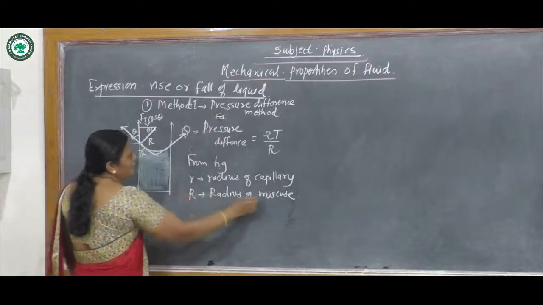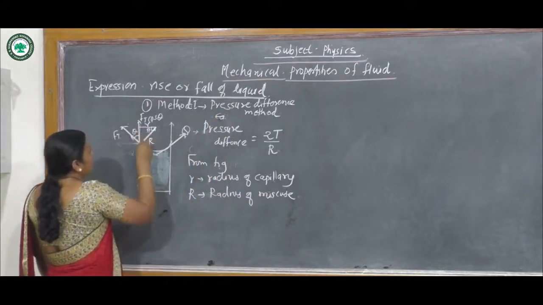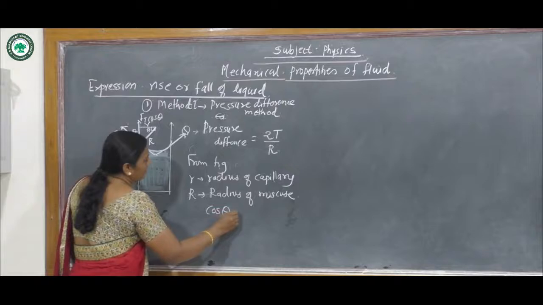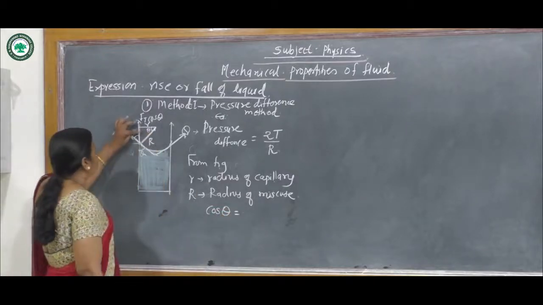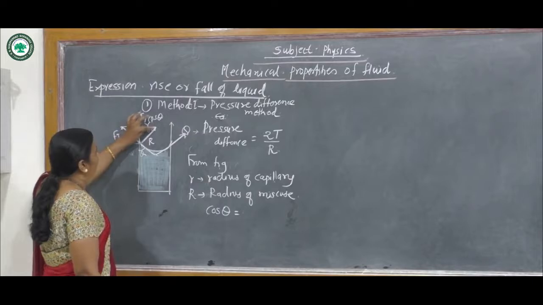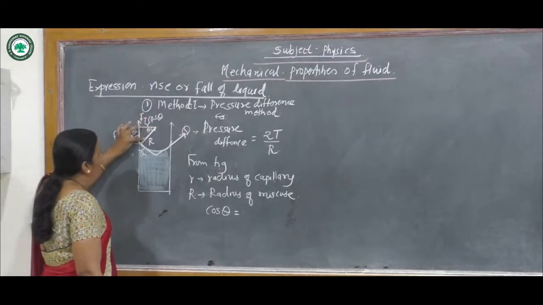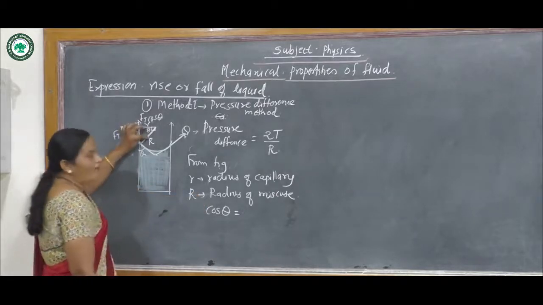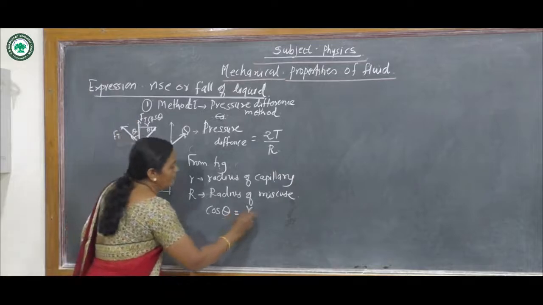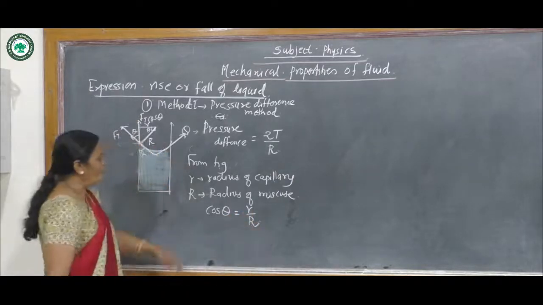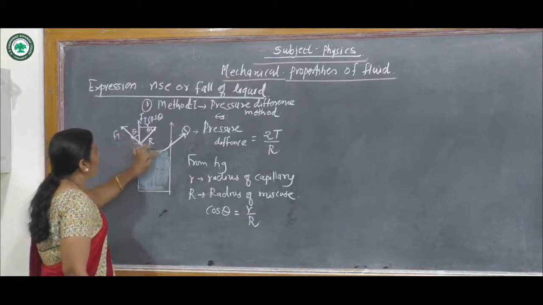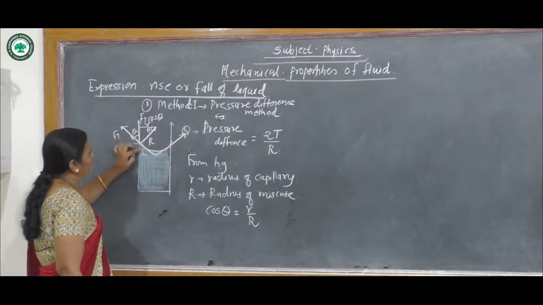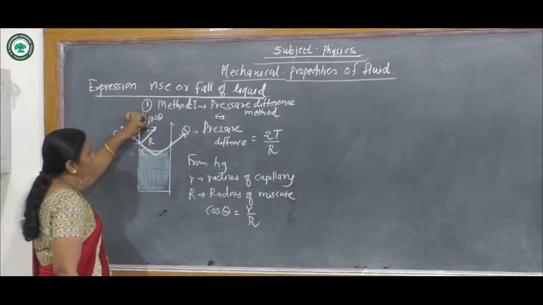Now see, capital R is the radius of the meniscus here. From the figure we can write cos theta is equal to, this is the opposite side, this is the adjacent side, and this is the hypotenuse. Therefore cos theta is equal to the adjacent side divided by the hypotenuse, and it is r divided by R. If you draw the tangent to this surface, this angle is also theta, and due to geometry this angle is also theta.